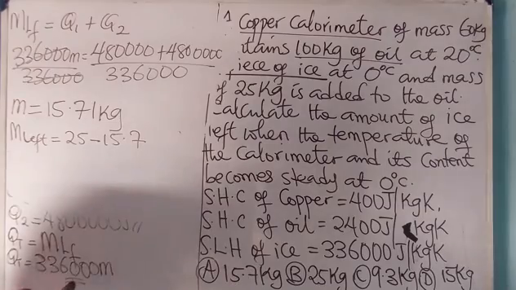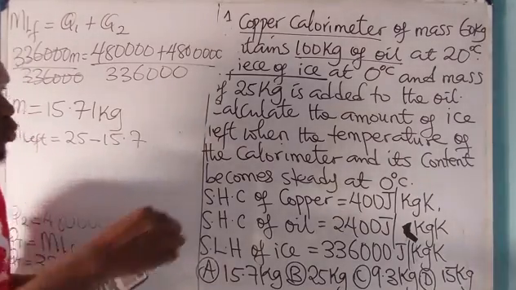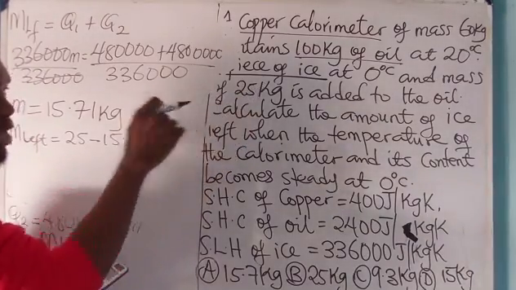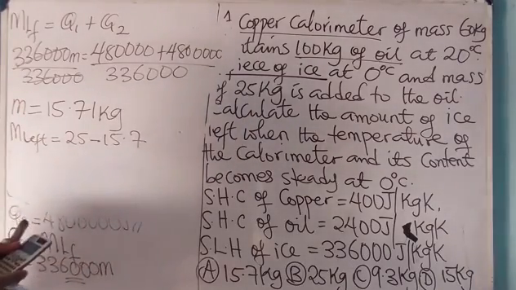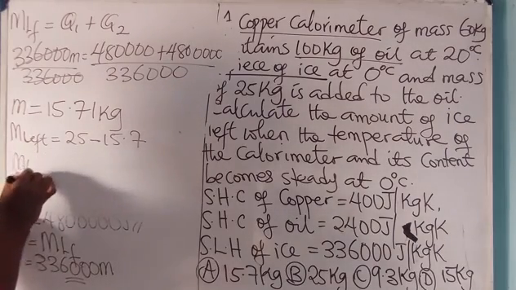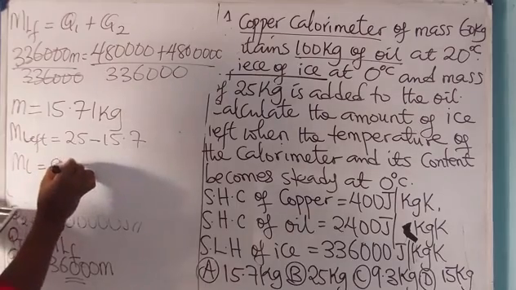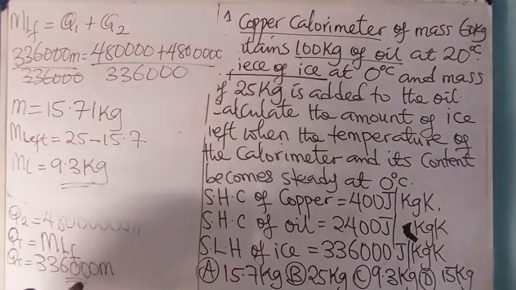So if it was to be jam, you just pick it and say you have killed jam. You say like they have killed you indirectly. So they said the mass left, that is total mass left when this was added. So it means we are going to be saying 25 minus 15.7 equals, so mass left is equals what? 9.3 kg. Alright, so the answer to this question is 9.3 kg.